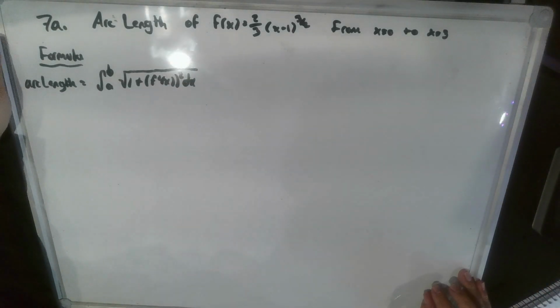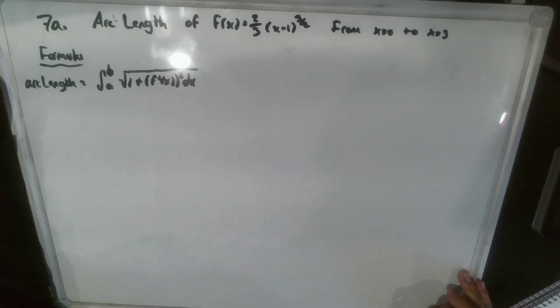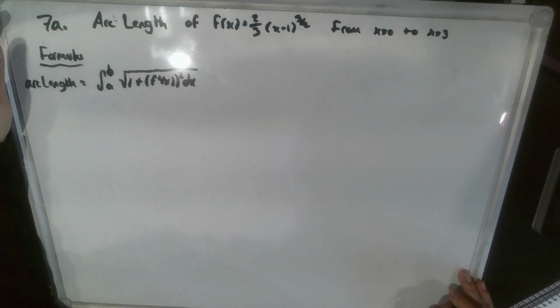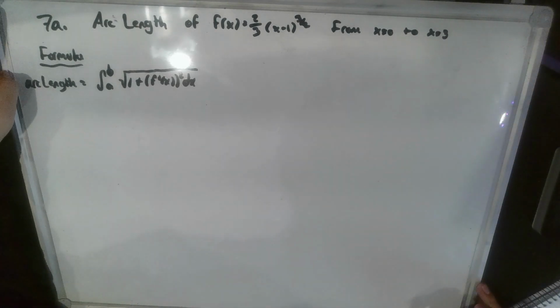This is problem 7a. Find the arc length of f of x equals 2 over 3 quantity x minus 1 raised to the 3 over 2 from x equals 0 to x equals 3. So we have this formula, arc length, which is the integral from a to b of the square root of 1 plus f prime squared dx.